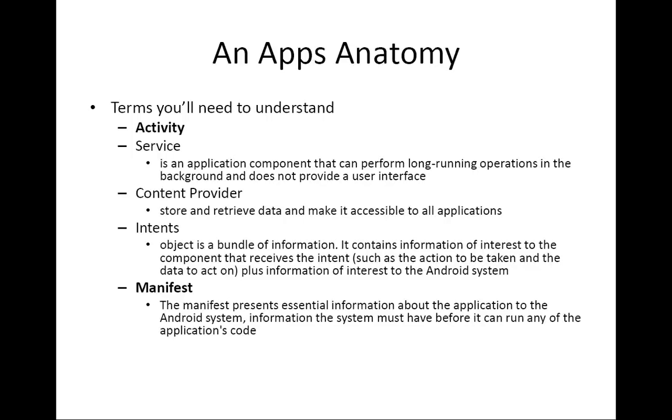It defines all the components of an application: the activities, services, broadcast receivers, and content providers, what the application is composed of. It declares the permissions, and it declares the APIs that are required, so it declares the minimum level of the Android API that might be required. It lists any libraries that should be linked.